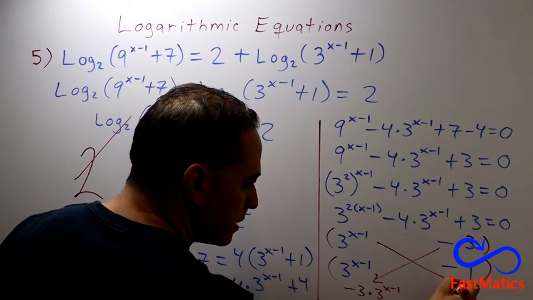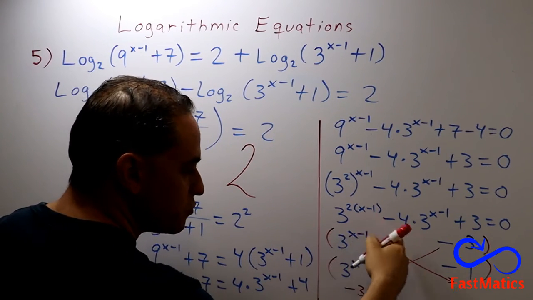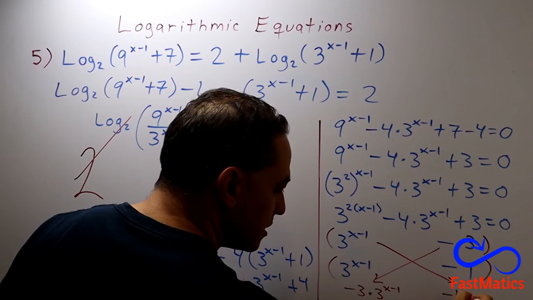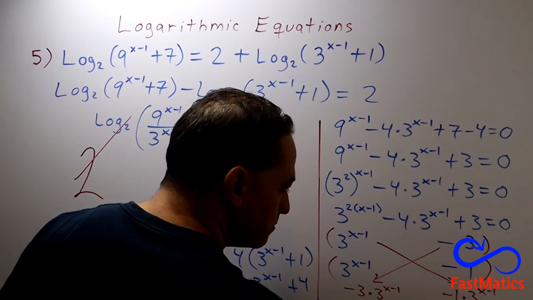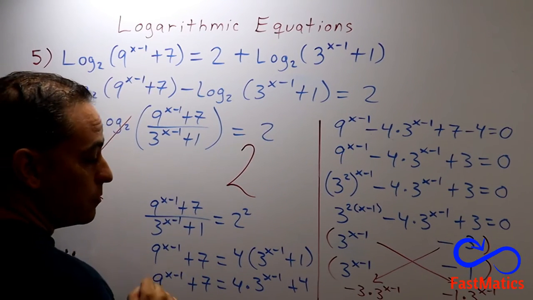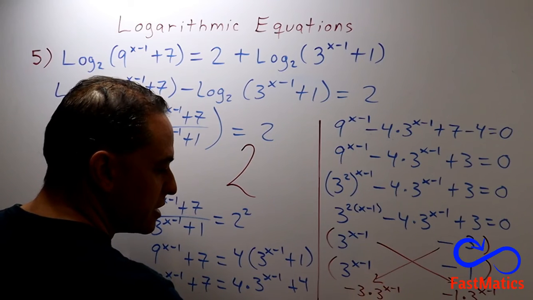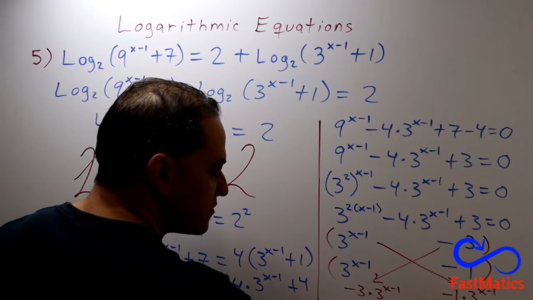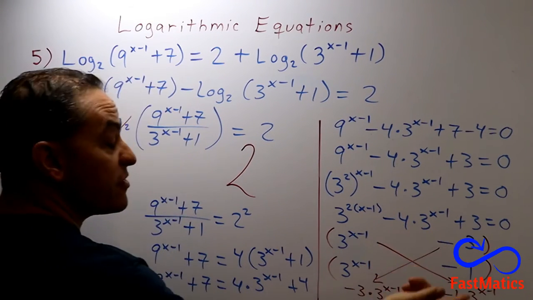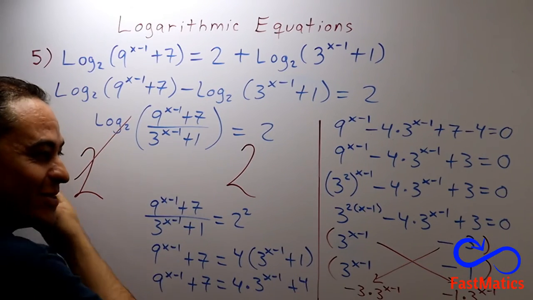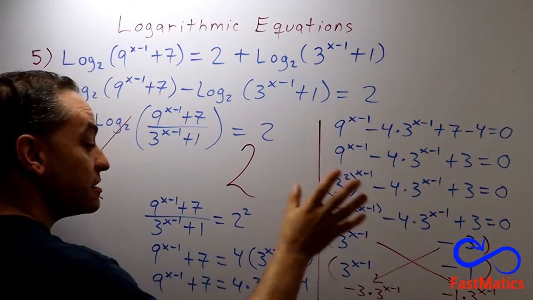And here the same. 3 to the power of x minus 1 times negative 1 is negative 1 times 3 to the power of x minus 1. So, negative 3 of something plus negative 1 of something is negative 4 of something. Okay, so our factorization is correct.